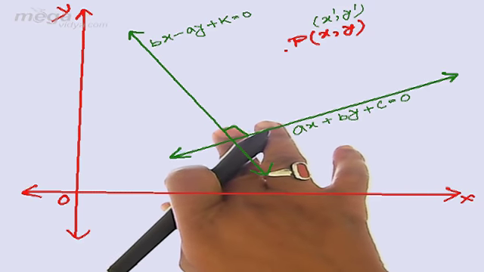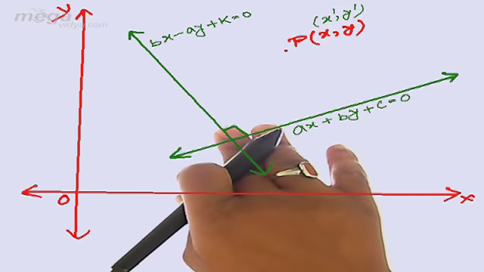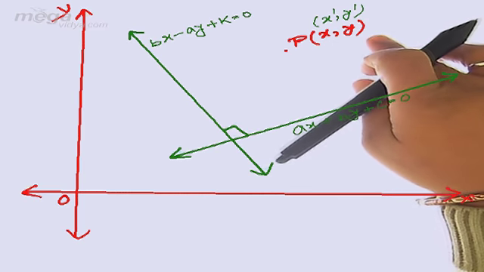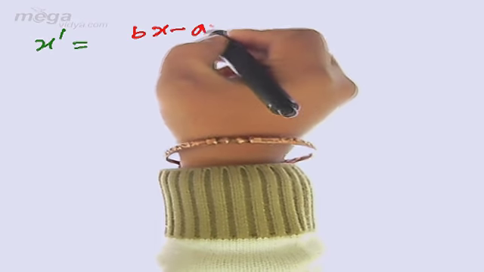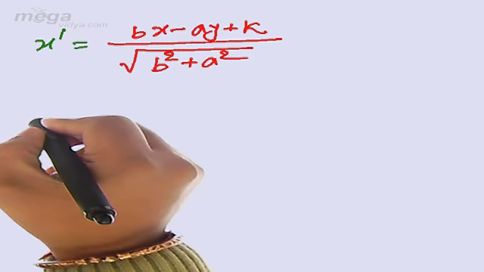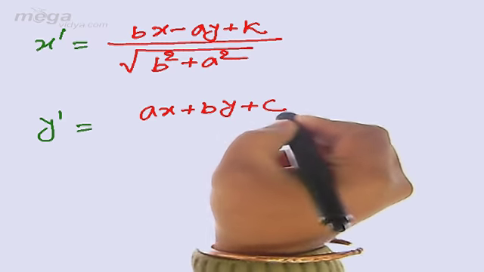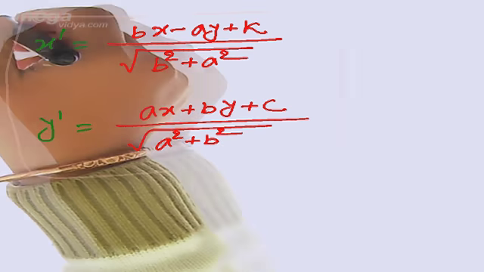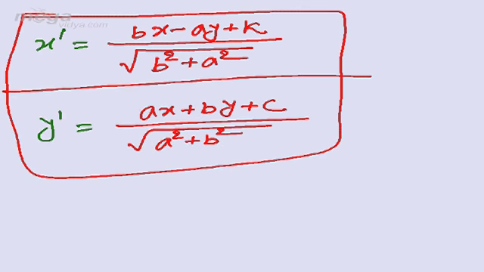Then how do we get the relationship between x dash, y dash and x, y? It is x dash is equal to bx minus ay plus k upon root under b square plus a square, and y dash is equal to ax plus by plus c upon root under a square plus b square. Using this relationship, you can find the new coordinates of the same point P, that is x dash and y dash.